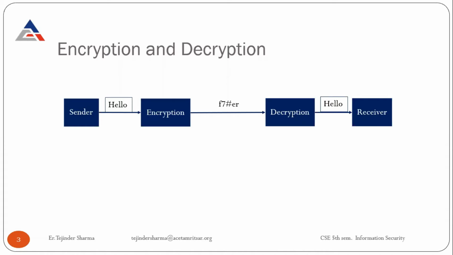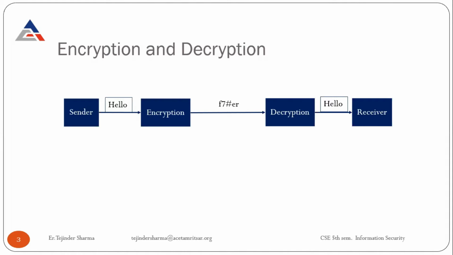Then the decryption algorithm on the receiver side receives this ciphertext and decodes it to the plain text. This process is called decryption.